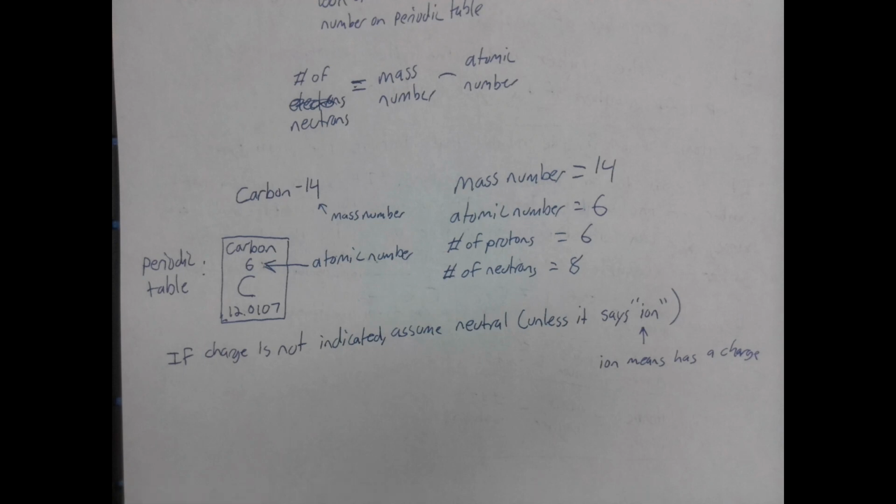We will most definitely know what ion means later in the year. You will be able to look at an atom, and if it's an ion, you will know exactly how many electrons it has. We will learn that later.